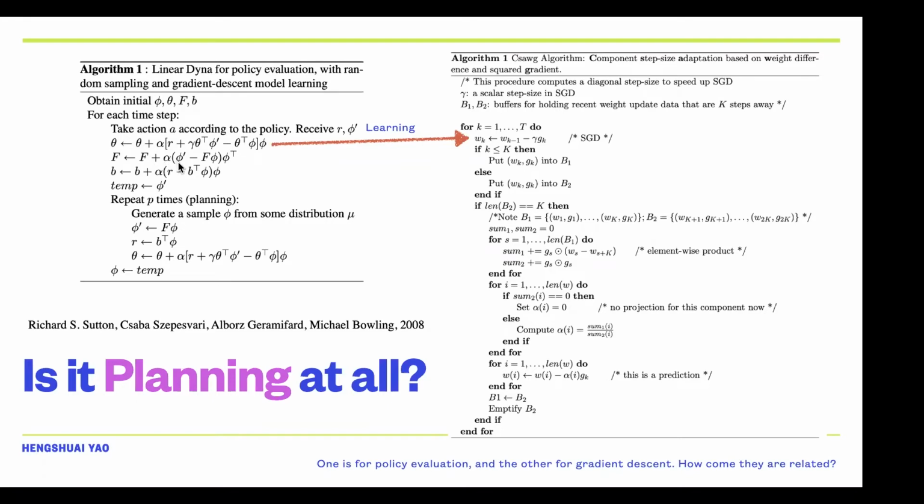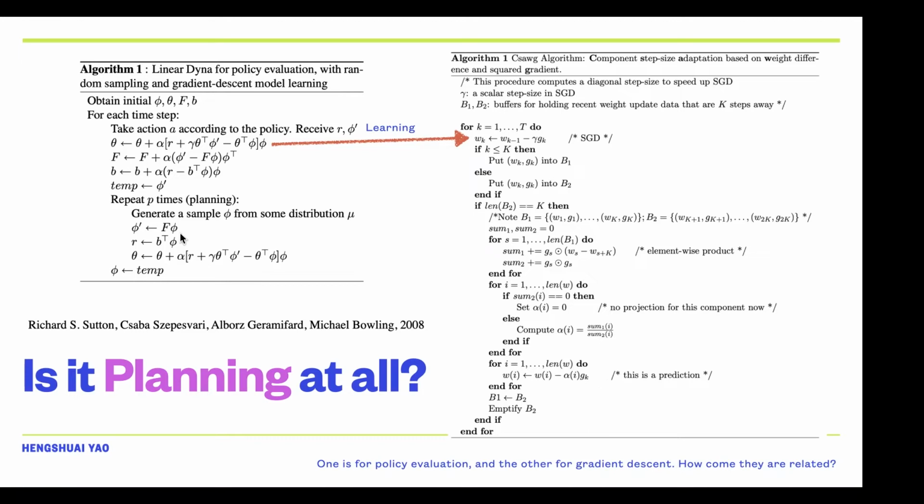So in planning, it's just a matter of using the model. In each planning step, we sample a feature vector phi, and then we project it using matrix F to produce the expected next feature vector phi prime, from which the TD error and TD update are all well defined, and for which we can perform TD learning.